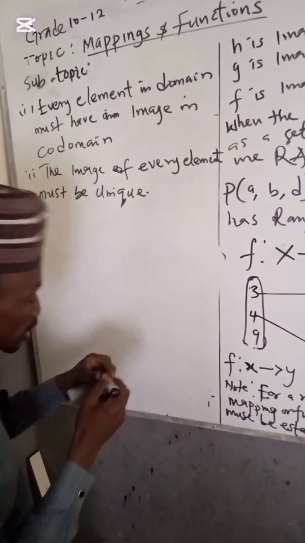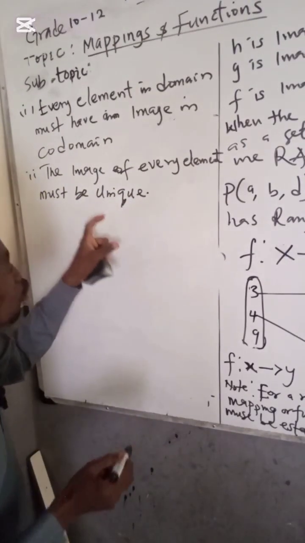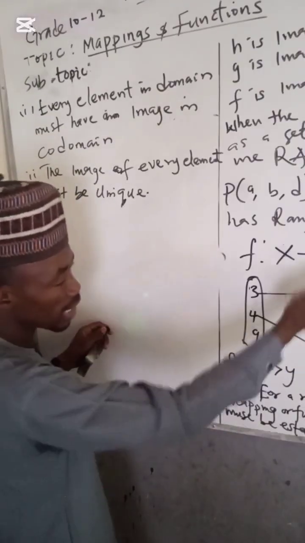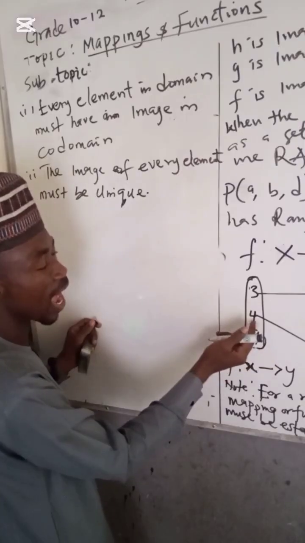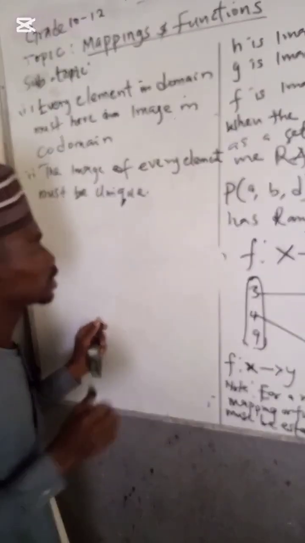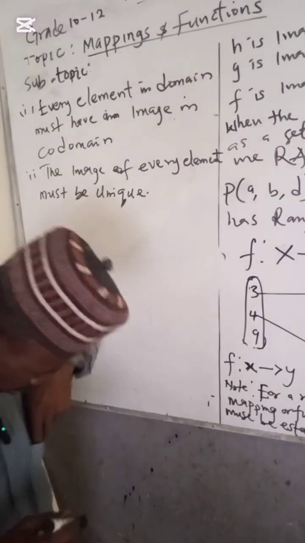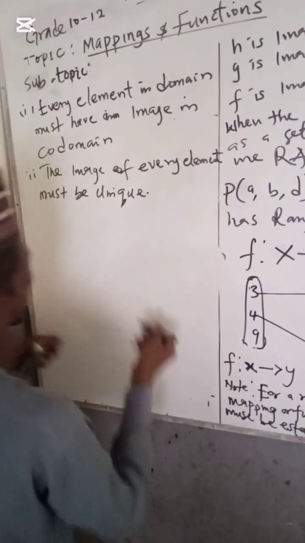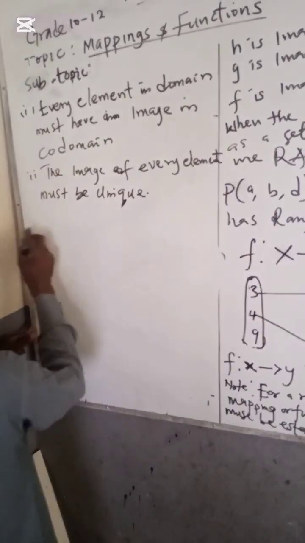What do you mean by this point? It simply means that no element has two images. We have one element in the domain with one image. Let's use two examples to buttress this particular point. Look at it, this same relation we used before.